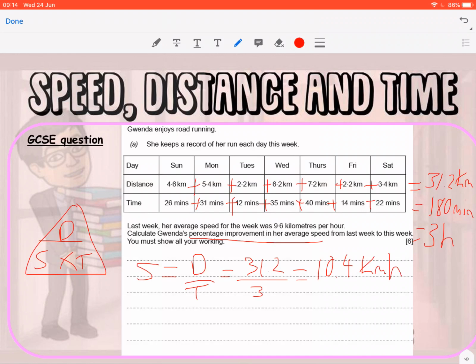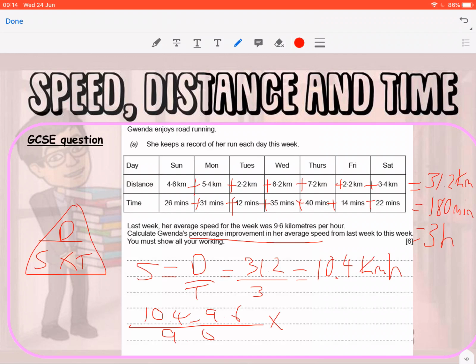Okay, this week. Now the percentage improvement bit is easy, but it's kind of tagged on the end. It doesn't really get taught very often, so don't worry too much if you did get it wrong. For the percentage improvement, you do this week's speed, take away last week's speed, all divided by last week's speed.